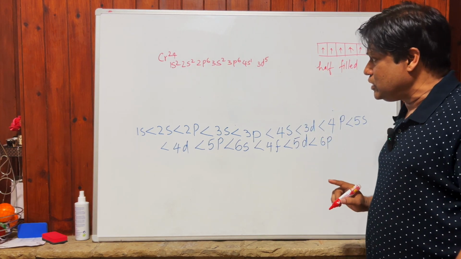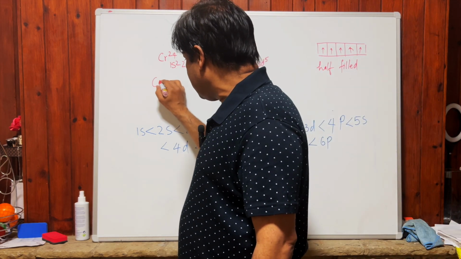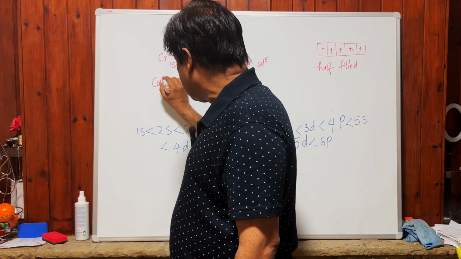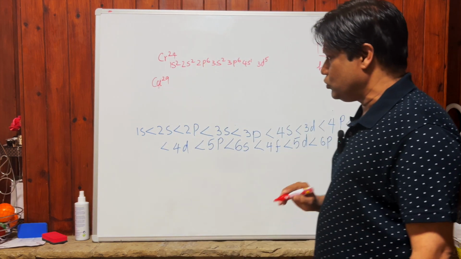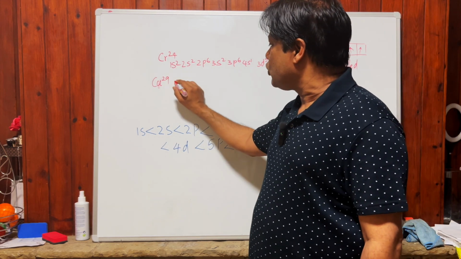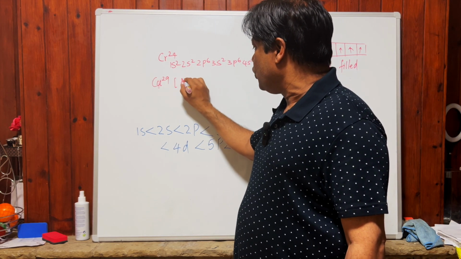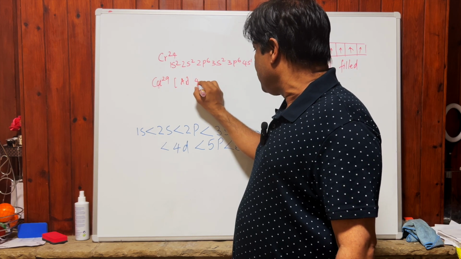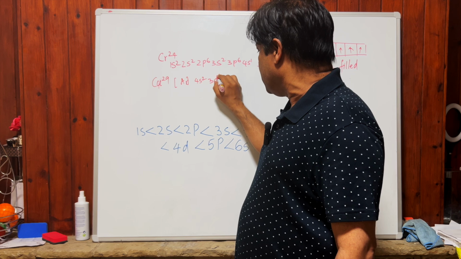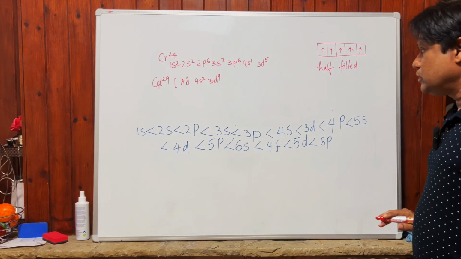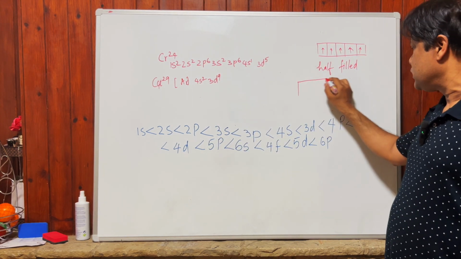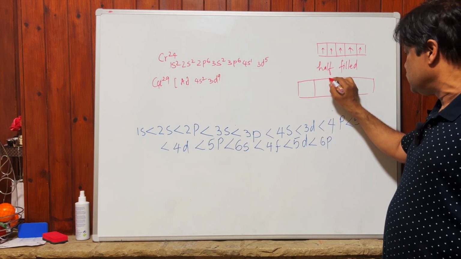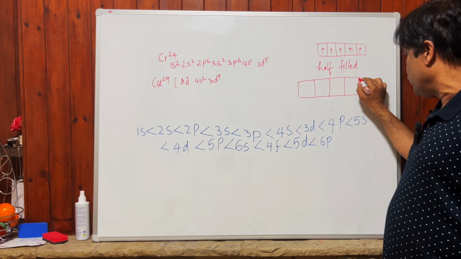We can see a similar pattern in copper 29. Most of the students write the electronic configuration of copper like argon. I don't want to write argon again. This is argon 18. Then we have 4s2 3d9. The d subshell has how many orbitals? 5. 1, 2, 3, 4, 5.